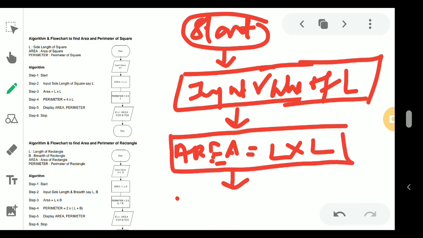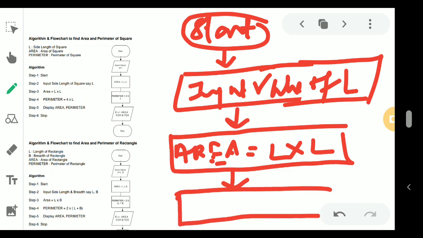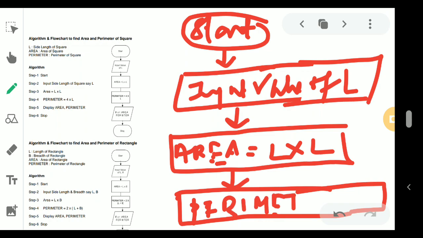Now we calculate the perimeter as well. Perimeter equals 4 into L. We have done that, and after that two steps are remaining. I'm erasing this part and then drawing.